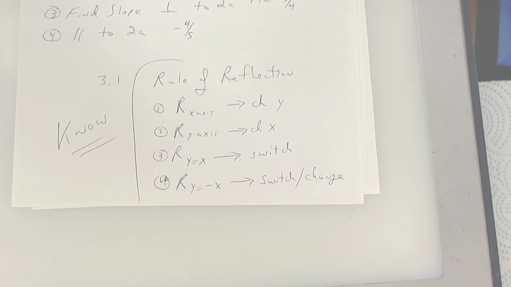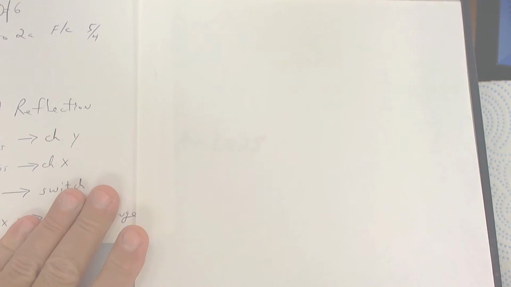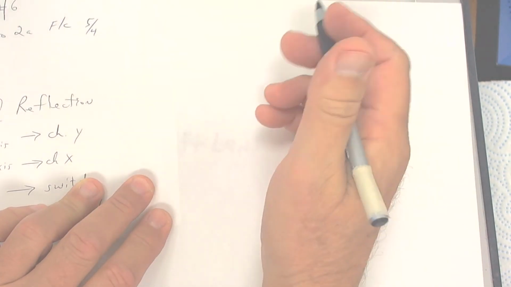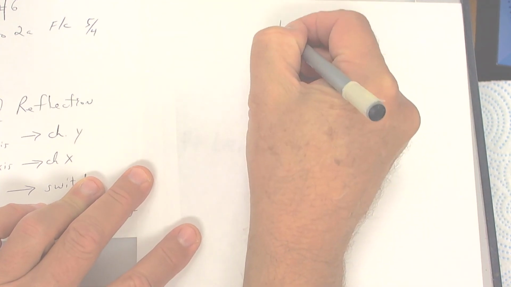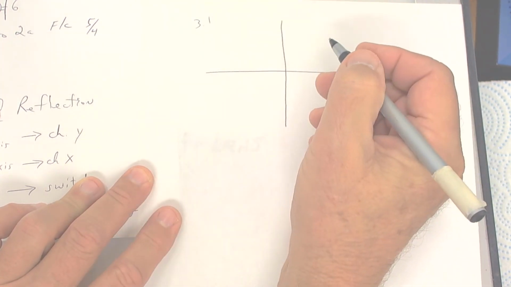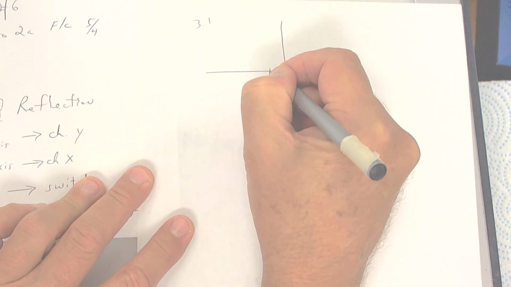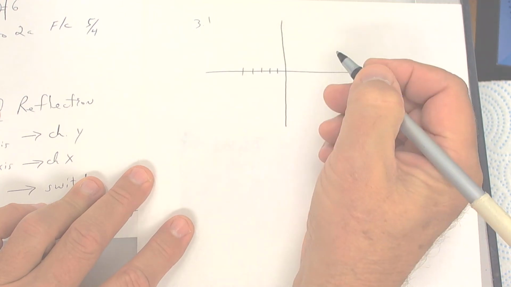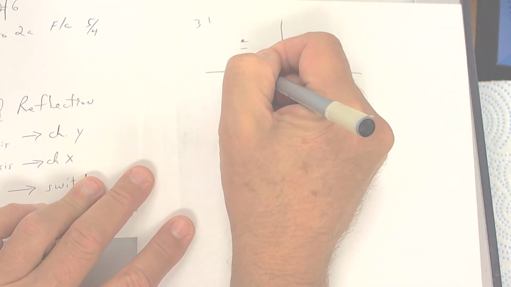Okay, this should be on a new sheet of paper. Make sure you have that. And let's use some of these rules. So right now, I want you to graph. So put 3, 1, okay? And then I want you to put a triangle. So go over 5, up 4.